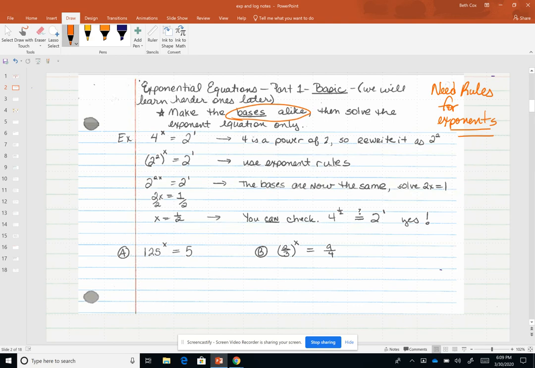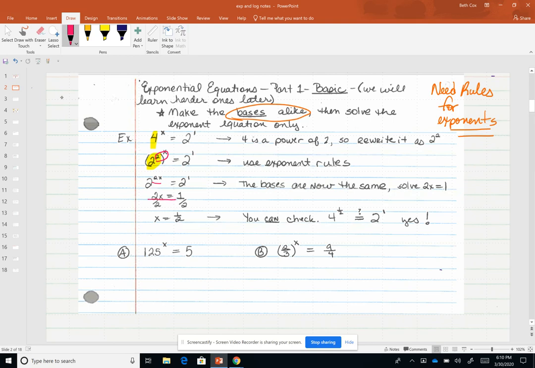So for example, we have 4. Well, 4 is a power of 2, so I just make that little substitution here. And if you remember your exponent rules, these multiply, so that turns into 2x.